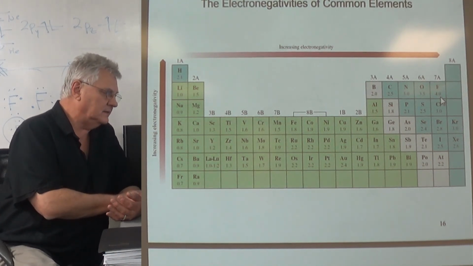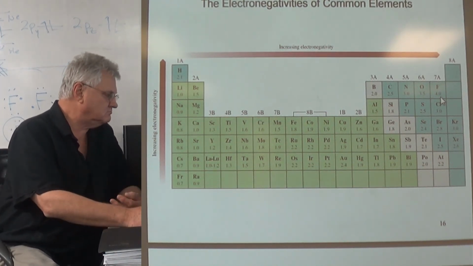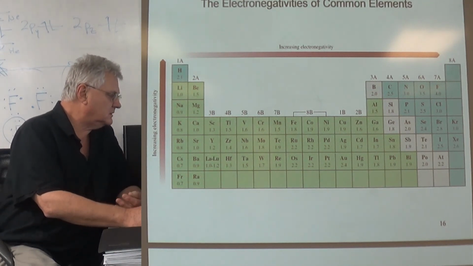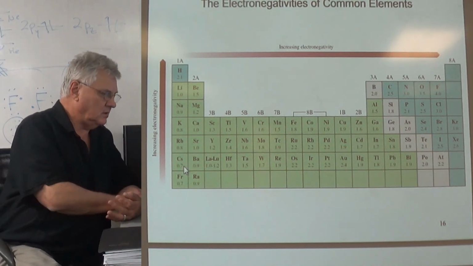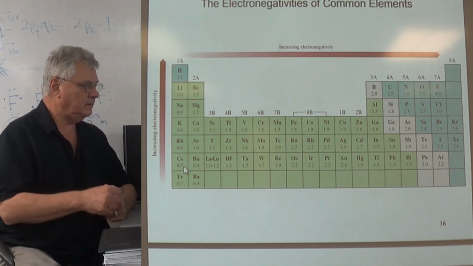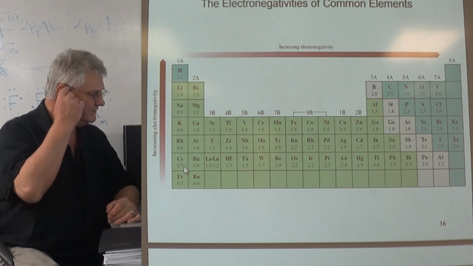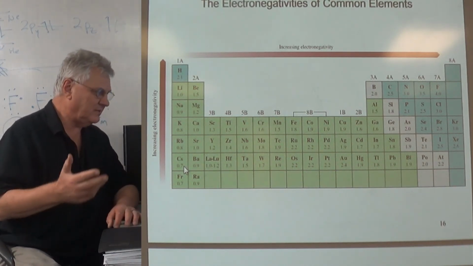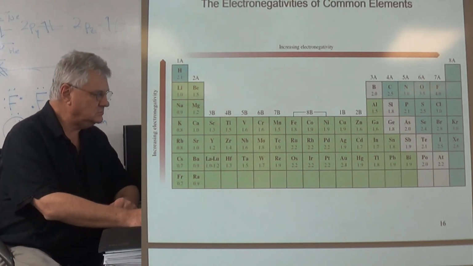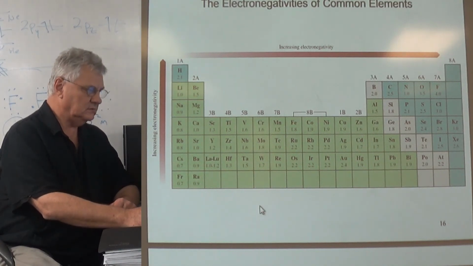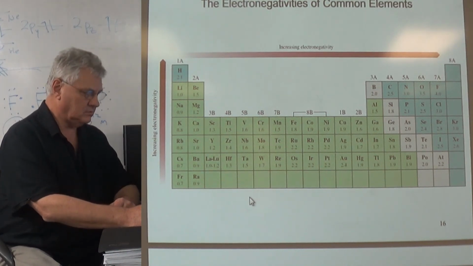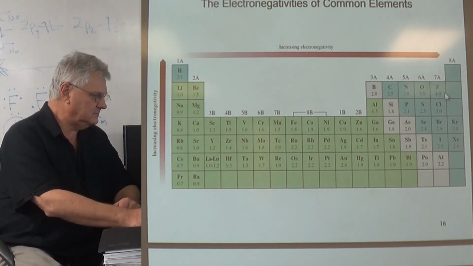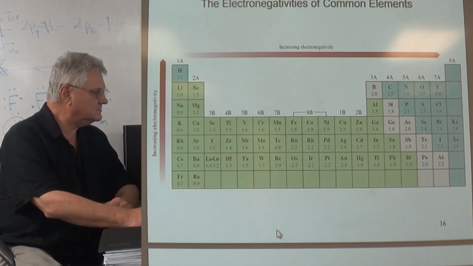And then you look at, let's say some alkali metals, like cesium is 0.7, which is quite low compared to fluorine. And if you have a table of electronegativities, you can kind of predict whether two elements are going to form an ionic compound, or a polar covalent bond, or a non-polar covalent bond, simply by subtracting the electronegativities.